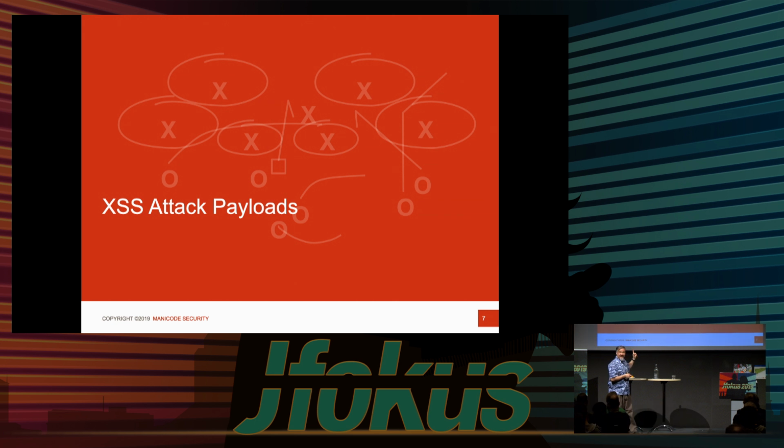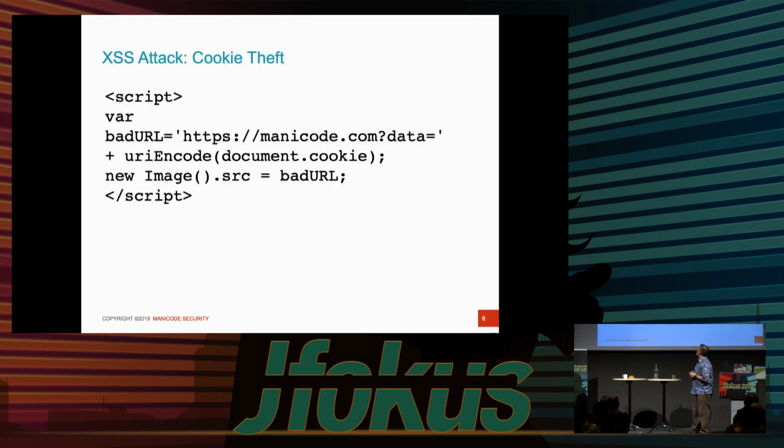Here's the kind of things I can do when, as an attacker, I can get JavaScript into your application that's from me, the evil attacker, not from you, the noble developer. Here's the most classic attack. It's a cookie theft attack. Again, imagine I chat this to you, and you render this message in your browser.